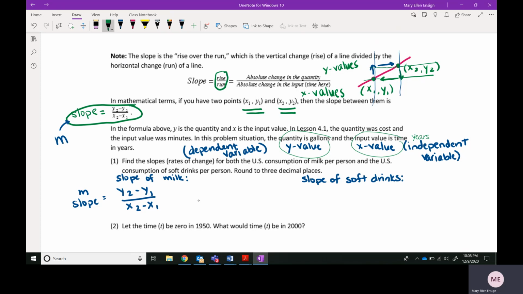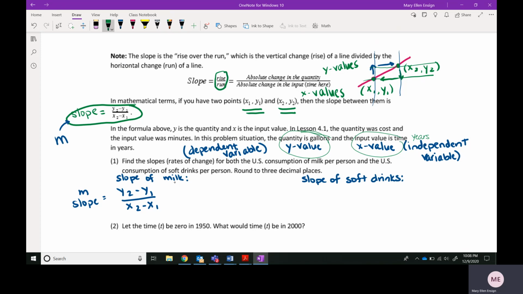We'll look at it as years right now. Okay. So I need some information about how many gallons were consumed and what time that was. So let's just look at milk first. We need information about how much was consumed at different times.